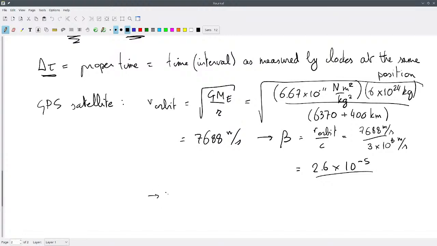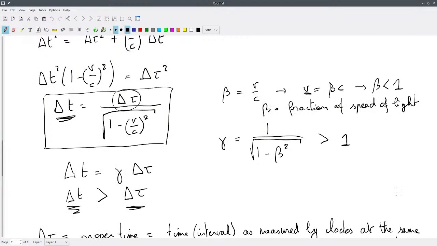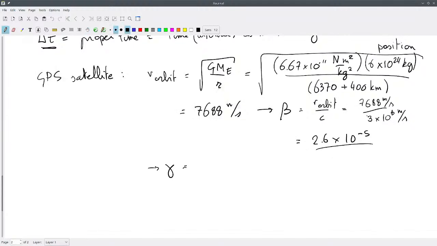We can calculate from that the relativistic gamma factor. Because we have a square of beta and we do 1 minus that, it becomes 1 minus a very small number. Ultimately gamma is going to be close to 1, plus a small deviation from 1, which is given by this beta. You're going to need to use all of the digits on your calculator to calculate this.